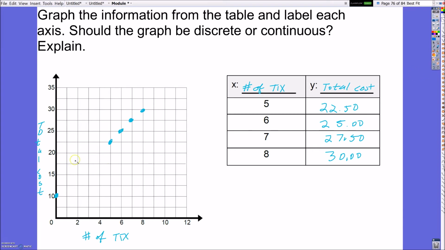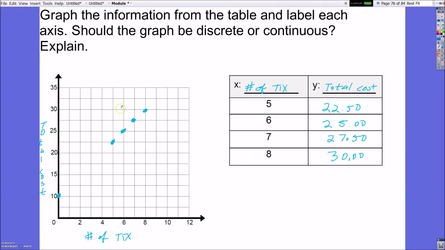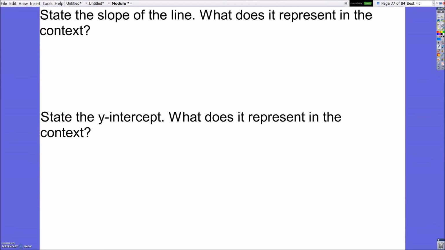You cannot buy a fraction of a ticket, so this graph would actually be discrete. That means that instead of having a straight line, we would just have those dots. If you have a straight line, that means any number on that line could be an answer. Here it's only whole numbers.